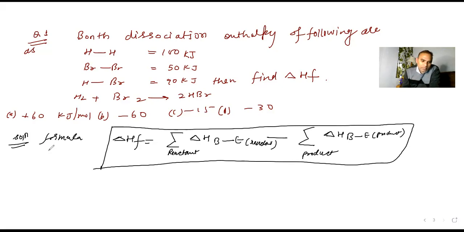I'm writing the reaction in a different way. Let's try to understand. Here H-H bond is there, plus Br-Br bond is there, then it is going to be 2HBr. Yes or no?